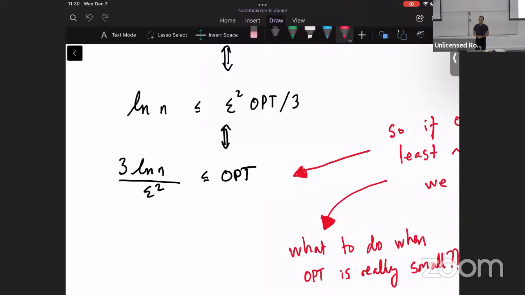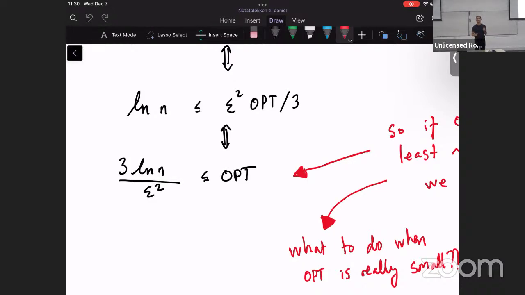So in particular, as long as opt is super logarithmic in the number of strings in the input, then our LP rounding algorithm already works, which means that most of the time this is going to work, right?